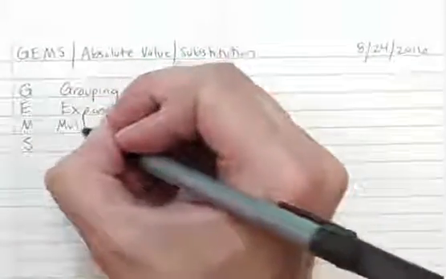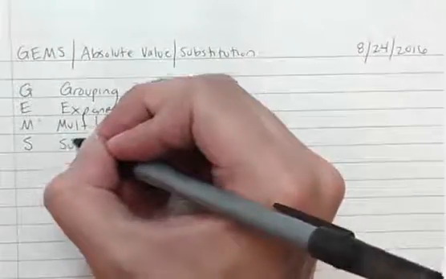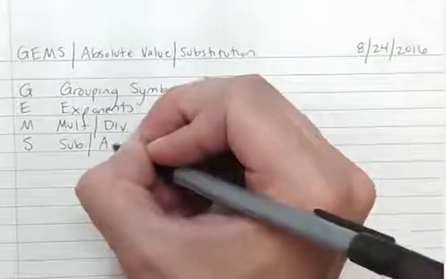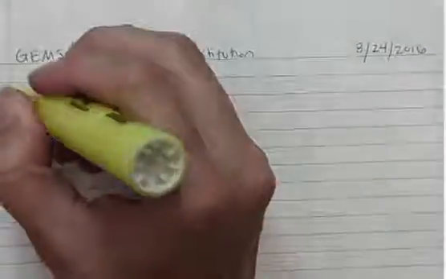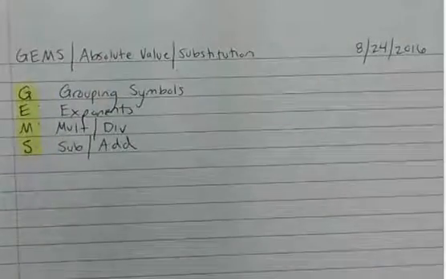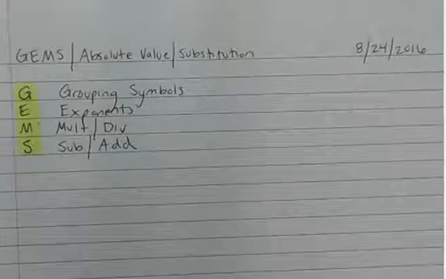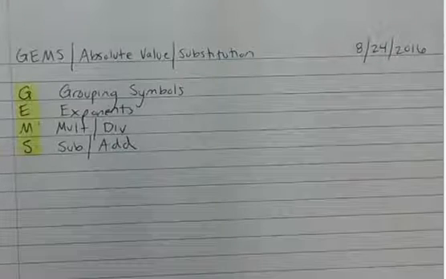M is multiplying and dividing. And S is subtraction and addition. That is what GEMS stands for. Grouping symbols, exponents, multiplying, dividing, and subtraction and addition.